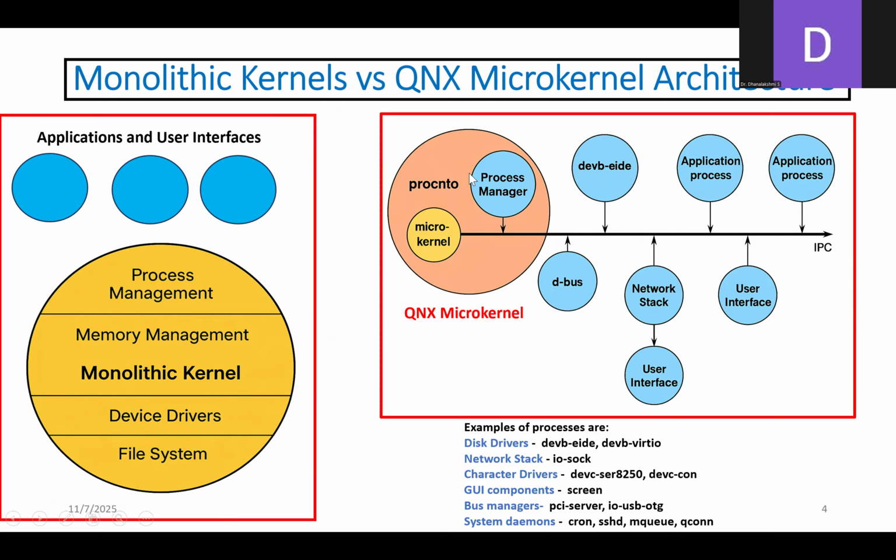Everything else, like device drivers, file system, network stack, character drivers, GUI components, bus manager, and system daemons, runs as a separate user space process. These components communicate with the microkernel through message passing. By this, you could say that the QNX design is highly fault tolerant and isolated.